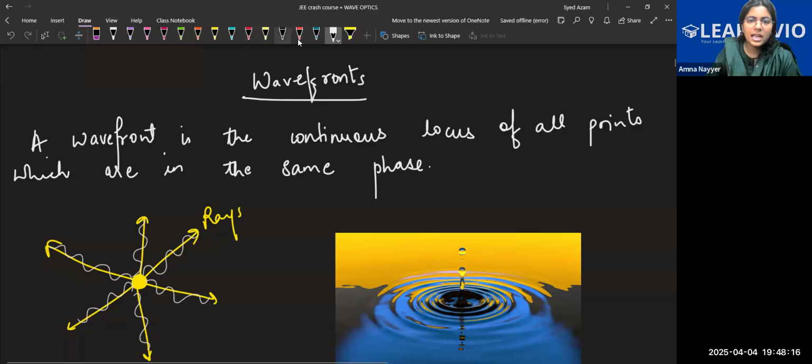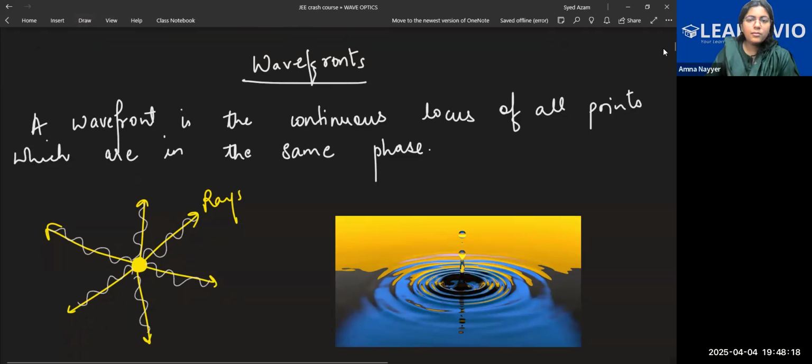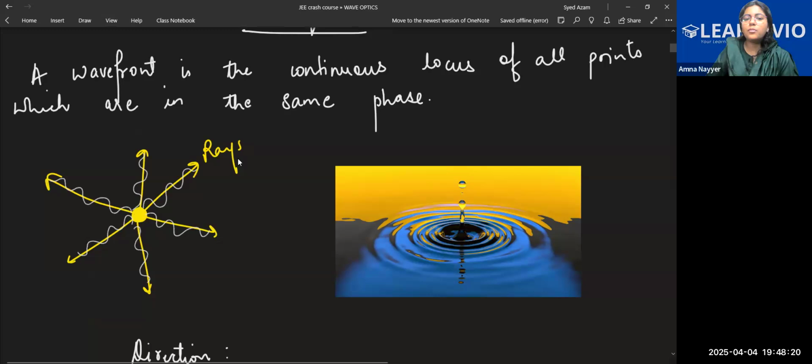It was finally concluded that no, this isn't what happens. The wavefronts are spreading out in all directions together, like water ripples. If you drop a pebble in a pond or a lake which is stagnant, what happens?